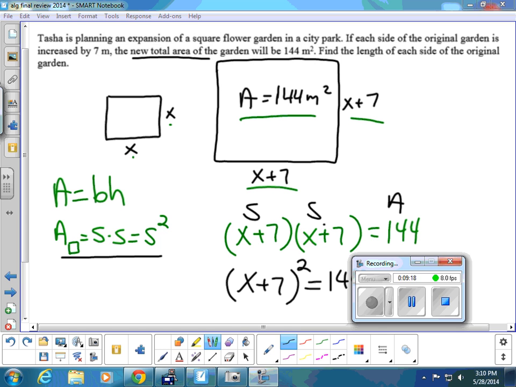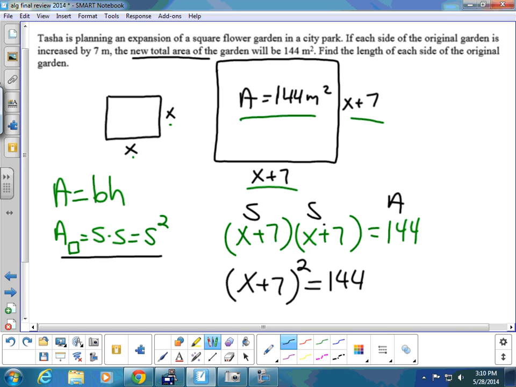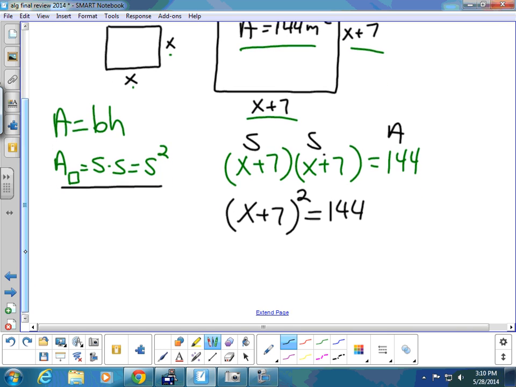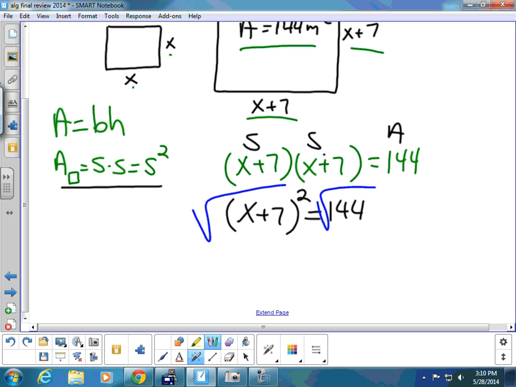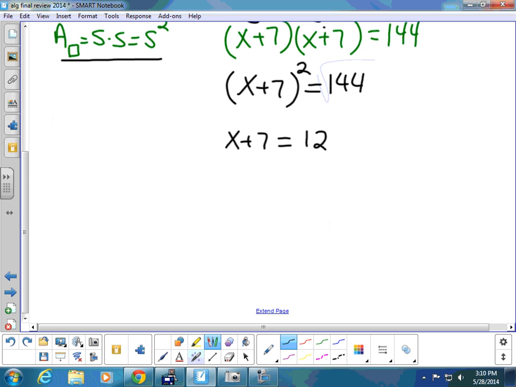The best bet here is to get yourself out of a jam by taking the square root of both sides. That gives you x plus 7 equals the square root of 144, which is 12. Then I can just subtract 7 from each side, and I get x equals 5.